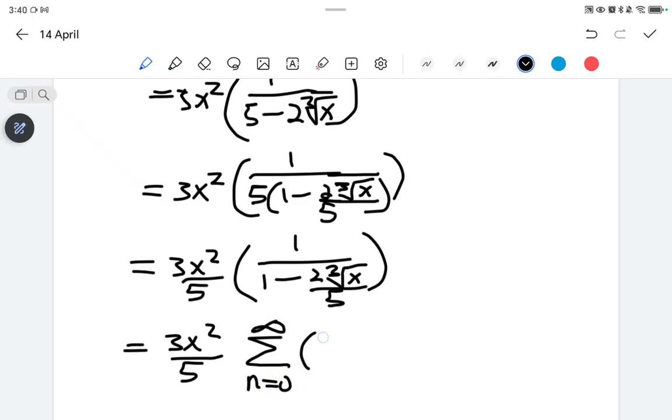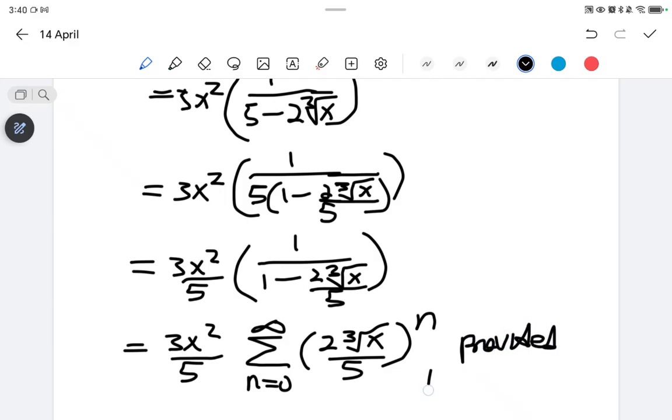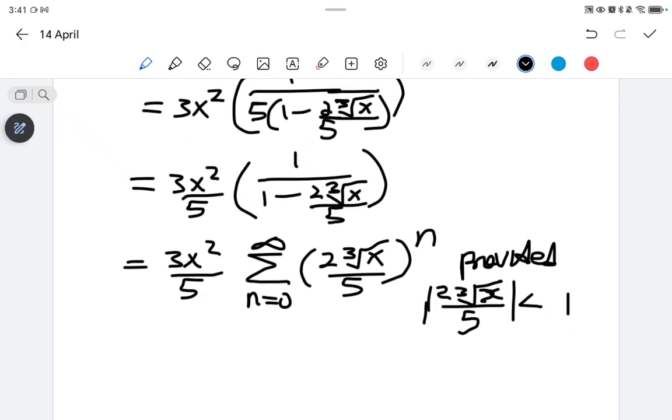Provided that we have cubic root of x over 5 to the n. So we provided, take this. You see, right? Then I can simplify this.